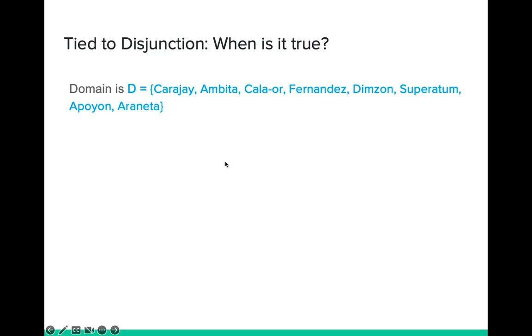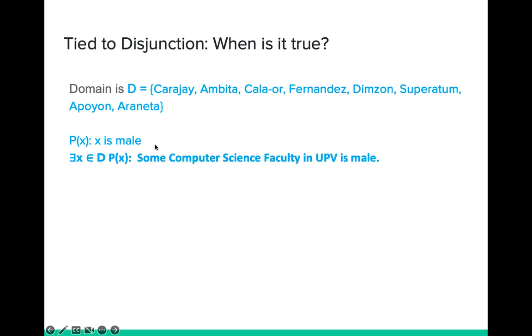Okay, suppose we have this example. We have a domain D, where D contains a list of all computer science faculty in UPB. And we have a predicate P(x) such that x is male, and x belongs to domain D, meaning x may be replaced with any person that belongs in set D. Suppose we have this existential quantifier statement: there exists x in D, P(x).